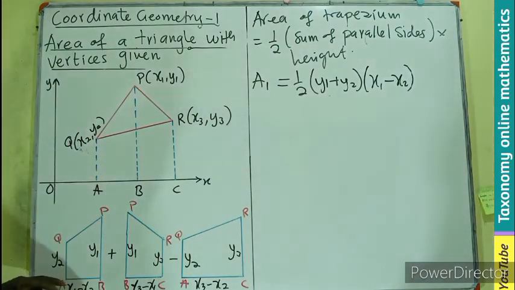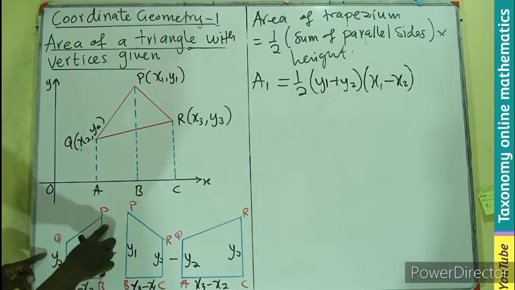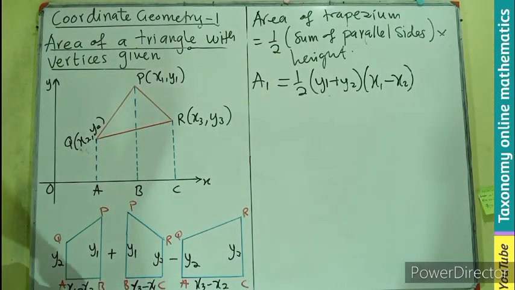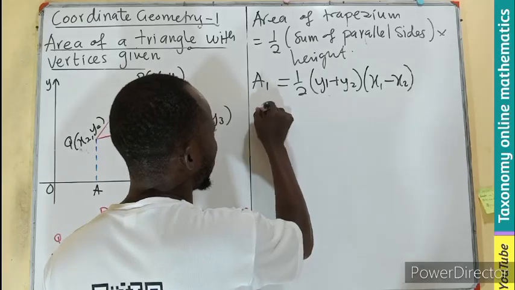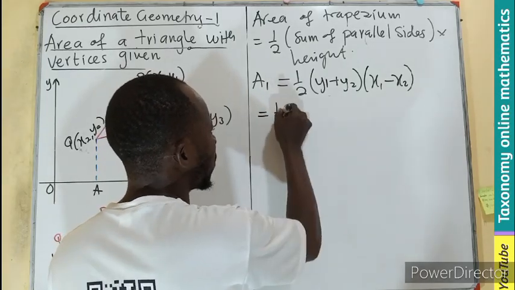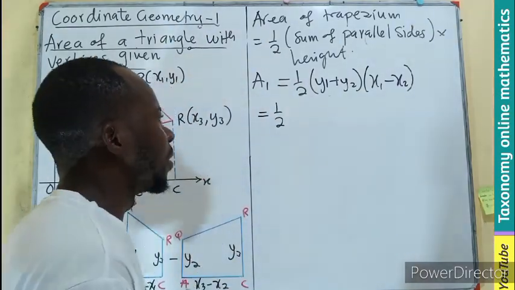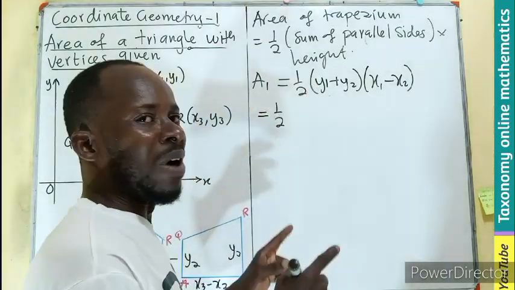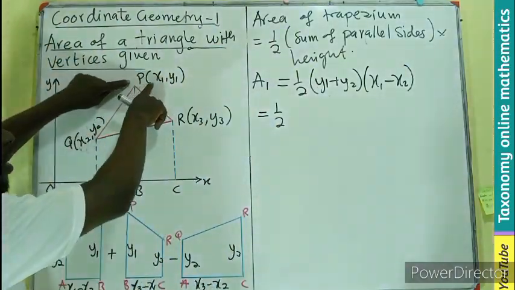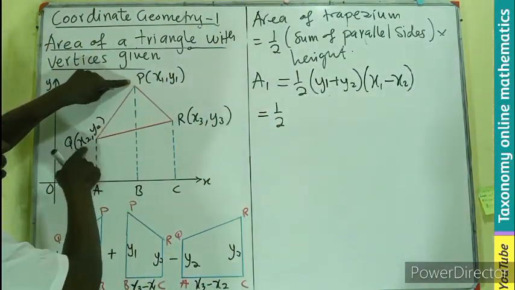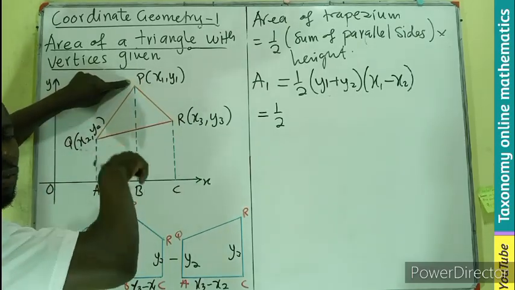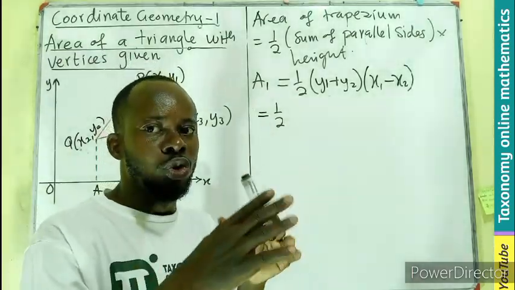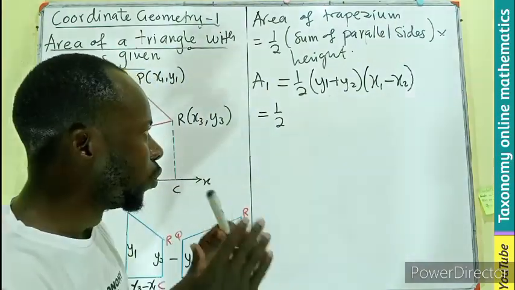We can see it from here. We are picking the sum of the parallel sides times the perpendicular distance. Let's expand this one and see what we are going to have. We normally use the absolute value because we are the ones who introduced x1, y1. x1 could have been here, y2 could have been here, and y3. So when we get to the end, we introduce the absolute value or the modulus sign.